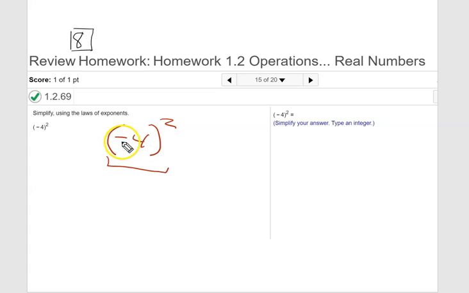So in this case, you're squaring a -4, and this differs from this. In this case, you're just squaring the 4, not the negative. So this will end up as a negative. This is going to end up as a positive 16.